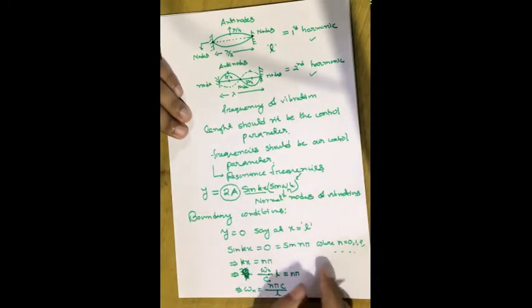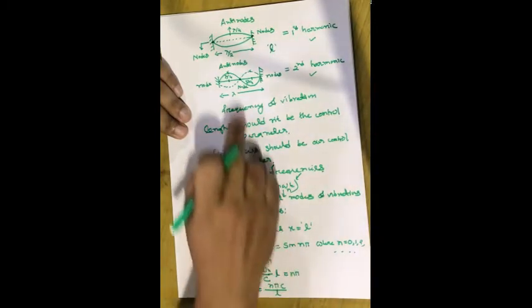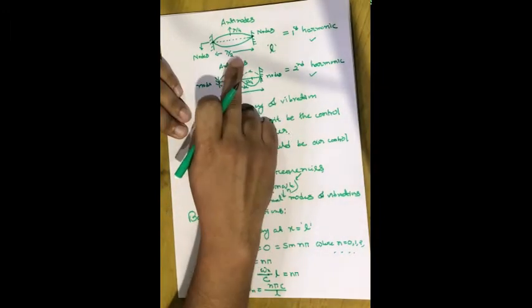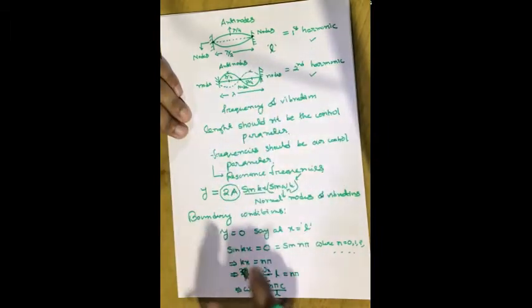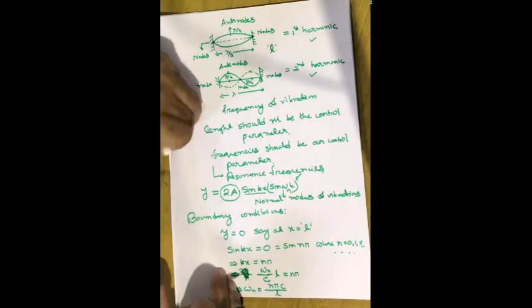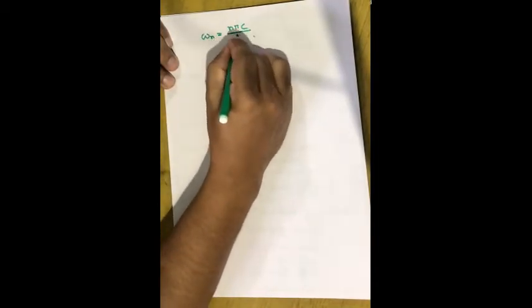Now you will see that when we choose n is equal to 1, we get exactly L is equal to lambda by 2, because L is equal to lambda by 2 was our condition for first harmonic generation. So how can we obtain that condition from these resonance or normal modes of vibration? Let's do that calculation. We have omega n is equal to n pi c over L, where L is our length.